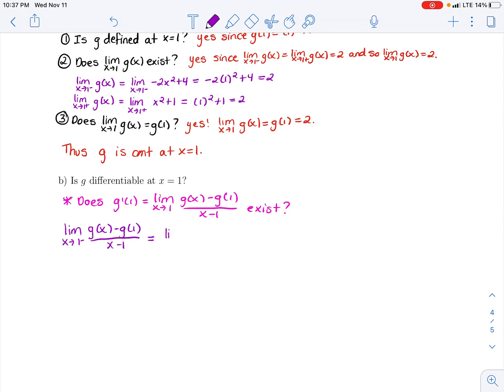So this is the limit as x approaches 1 from the left of negative 2x squared plus 4 minus, now I'm trying to figure out g of 1, so I need to plug in 1 into my function, and then this is all over x minus 1.